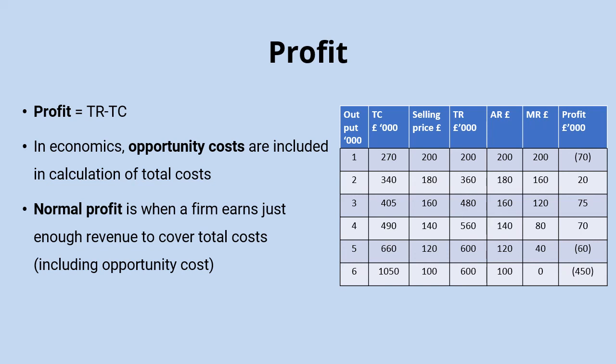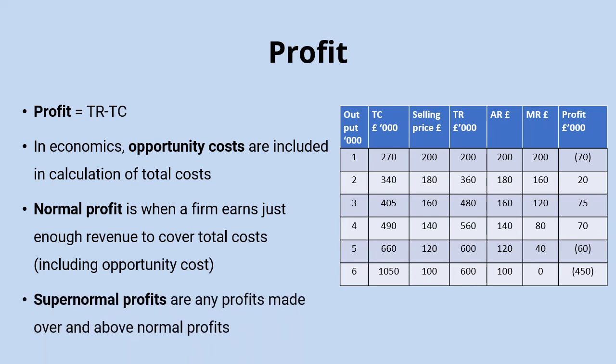So that's what we need to earn really to keep us in business long term. Otherwise, it would be more rational for us to go back to our other job working for the florist if we were going to be earning less than £25,000 a year. Now, supernormal profits are any profits made over and above those normal profits. So that's sometimes called abnormal or economic profit.